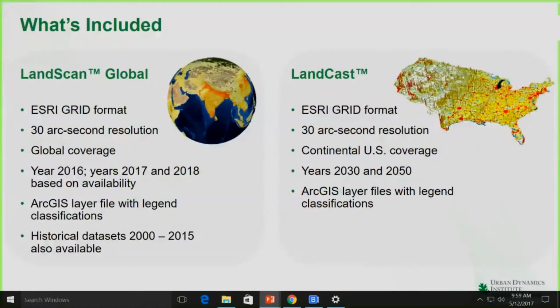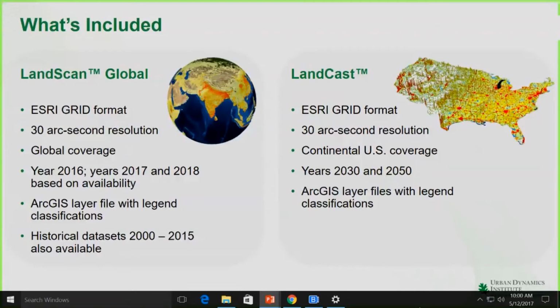So what's included with both of these products under this licensing agreement? For LandScan Global and LandCast, both are delivered in Esri grid format, 30 arc-second resolution for both of those. For LandScan Global, of course, it's global coverage. For LandCast, we have the continental United States.